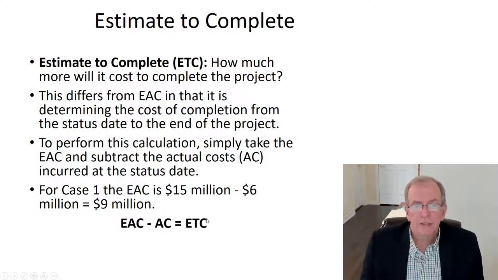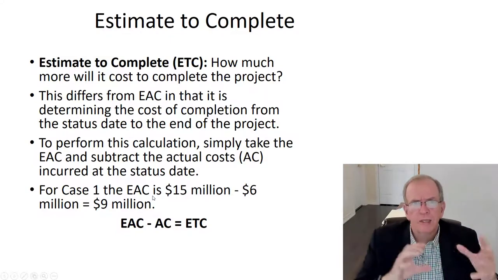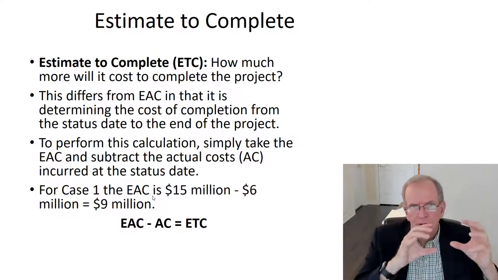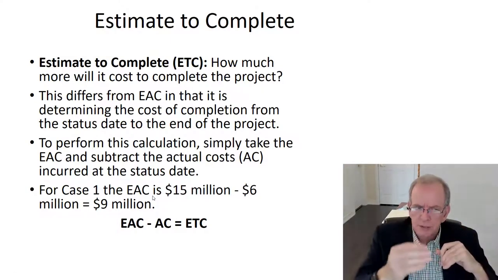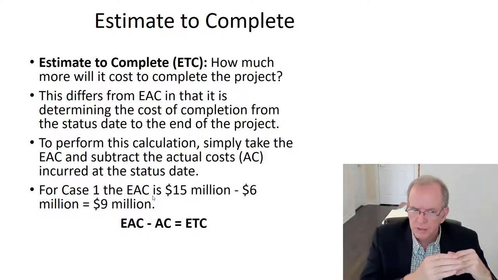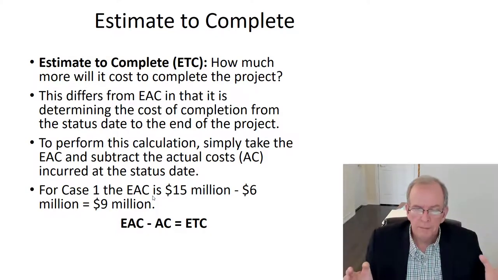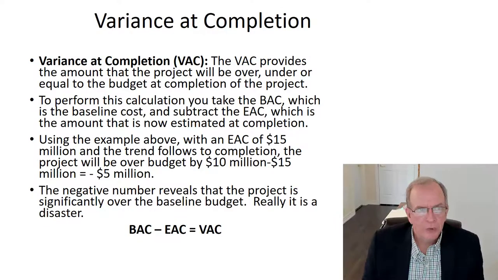That gives us the estimate to complete, assuming that we used that formula. So you can see how this is not that difficult to put together. We're estimating at completion is 15. We spent 6 million. We got 9 million more to spend.